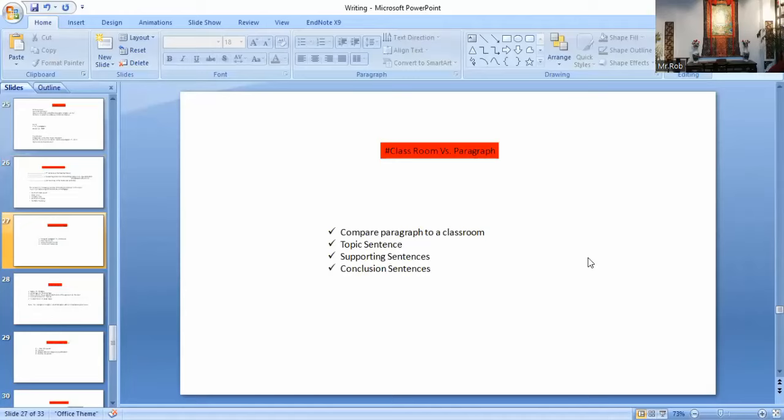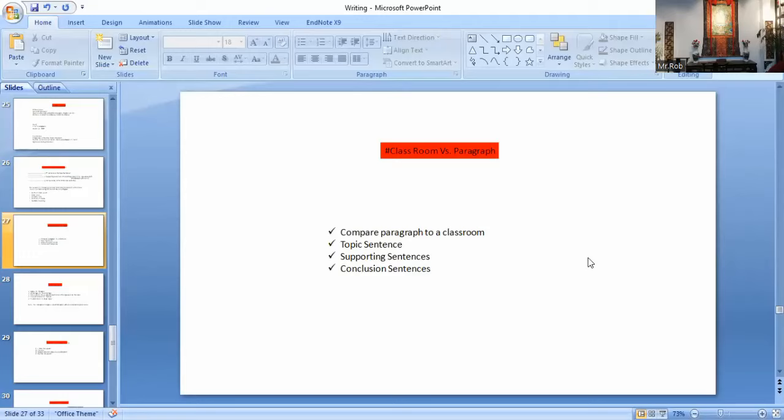Now, classroom versus paragraph. While writing a paragraph, you can compare it to a classroom. Think of the topic sentence like the roof of the classroom and the conclusion sentence like the floor of the classroom. The roof and the floor are not much different. If you look at it structurally, both are like flat surfaces.